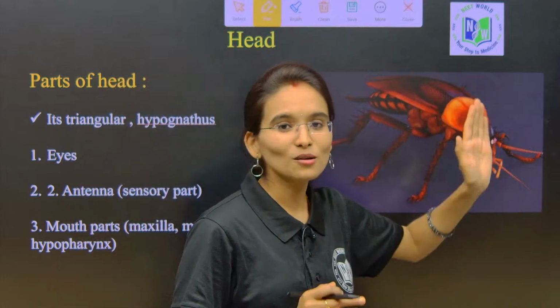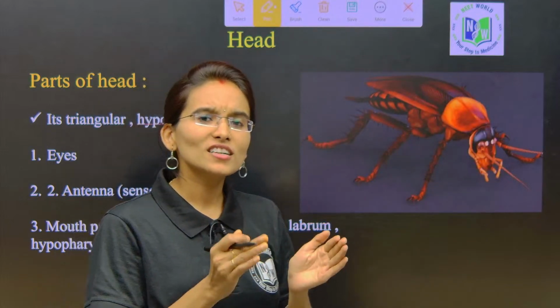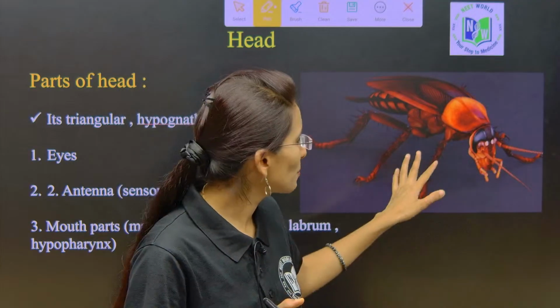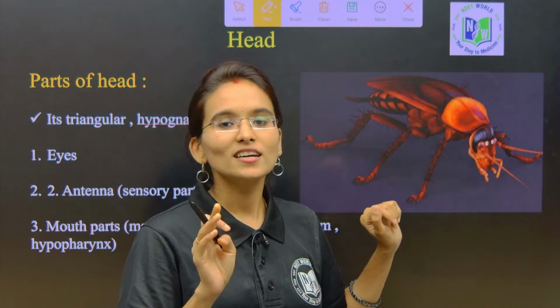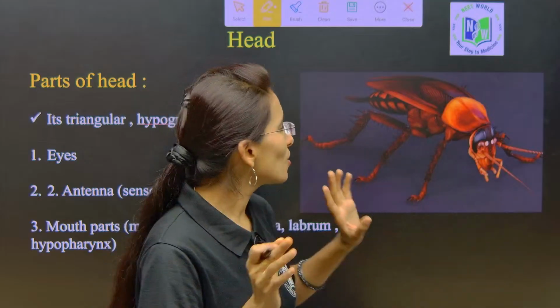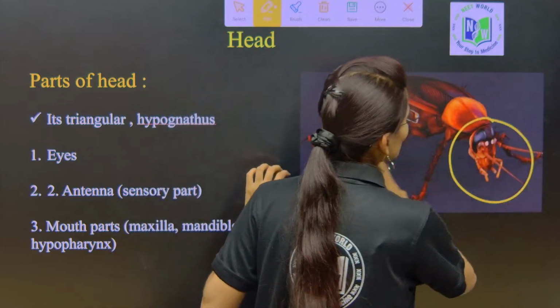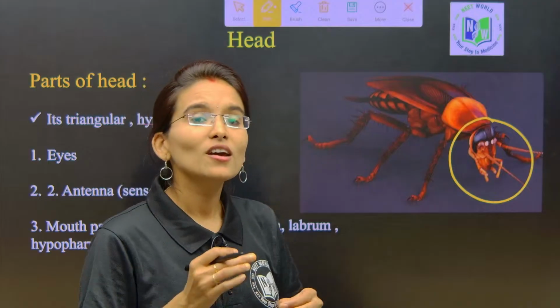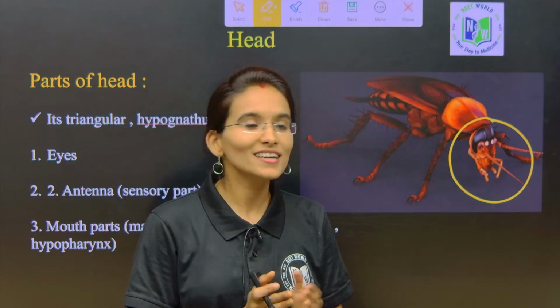Under the external morphology of the cockroach, we have generally divided the body of Periplaneta into 3 parts: head, thorax and abdomen. Just quickly answer me which parts we have learned in the head.